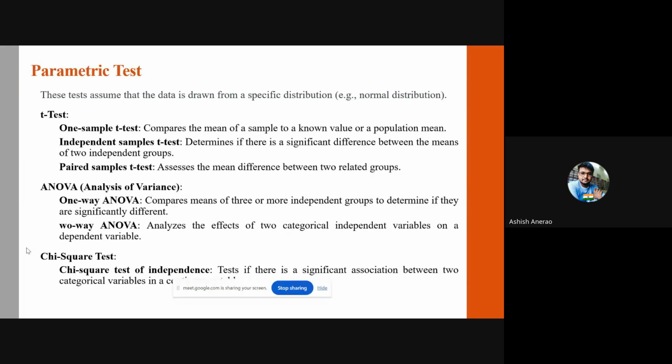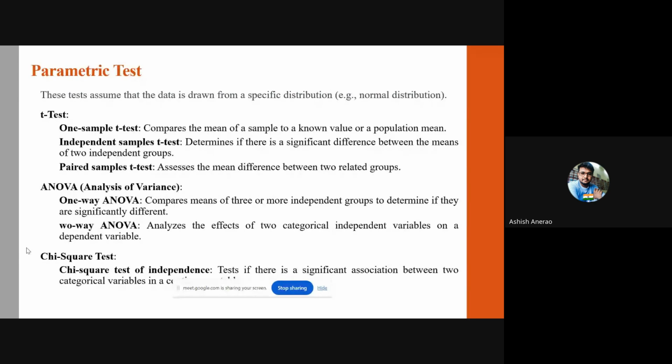Now the paired sample: here we have related data. In a simple case, I'll give one more example. We have data of 50 old-age people. These people have higher blood pressure, or some problem related to blood pressure.